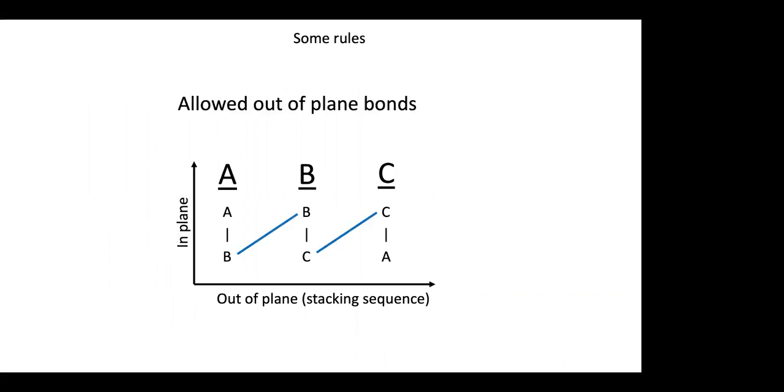The allowed out of plane bonds look like this: ABC stacking. This is the kind of stacking that is typically found in cubic diamond. This is the final state that we would like to get to. This is the schematic way in which cubic diamond is structured compared to what it would have come from graphite had it come from there.